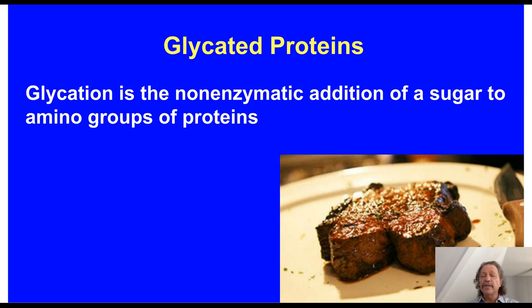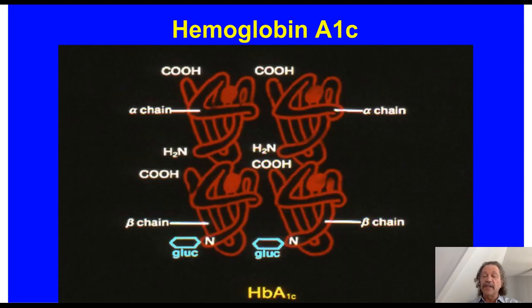Now, in humans, probably all proteins get glycated, certainly most of them do. But for convenience, since we can easily draw a blood sample, we actually measure glycated hemoglobin. And the analyte measured most frequently in the world is hemoglobin A1c, which is hemoglobin specifically with glucose, shown in pale blue, attached to the N-terminal of the beta chain.